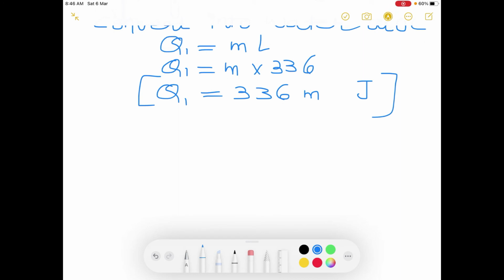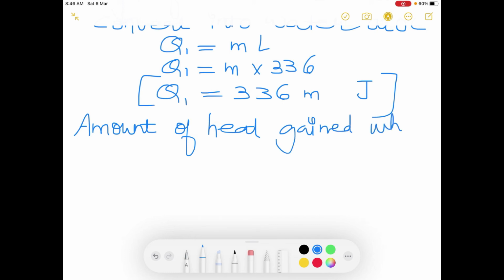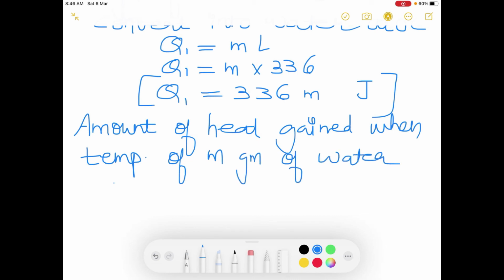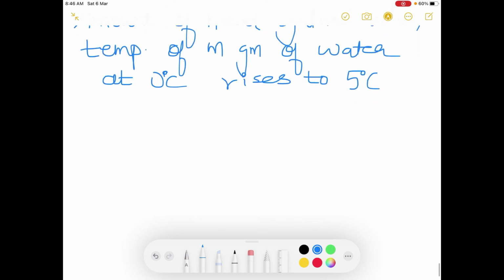Okay, so amount of heat gained when temperature of m gram of water at 0 degree Celsius rises to 5 degree Celsius. That is given by mc delta t. mc delta t એને કહી દઈએ Q2.